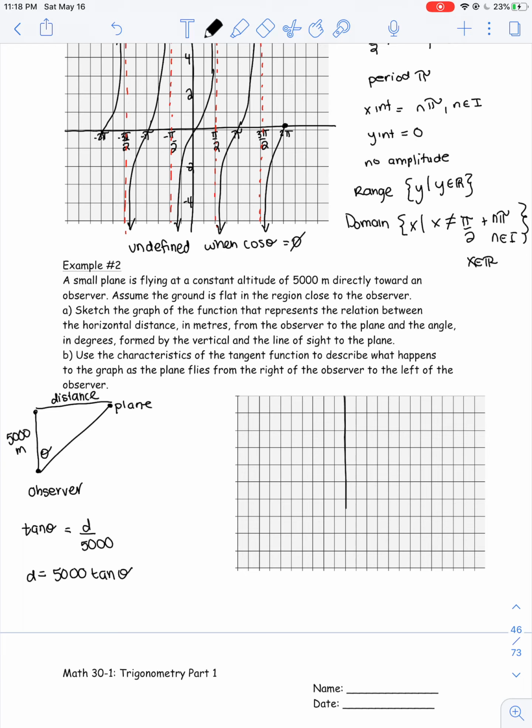So when we draw this, they do want us to sketch the graph that relates to this. I'll go up by 500 for the scale.